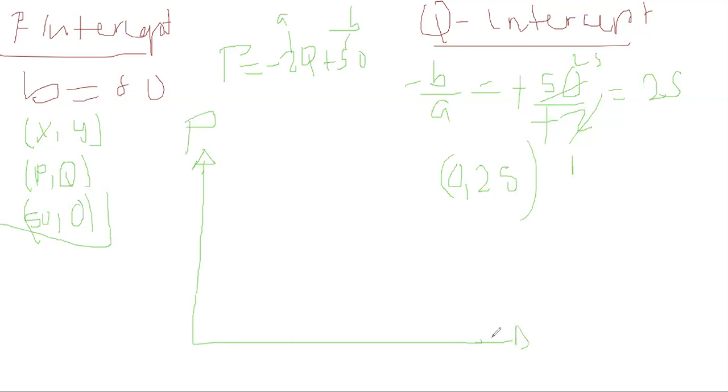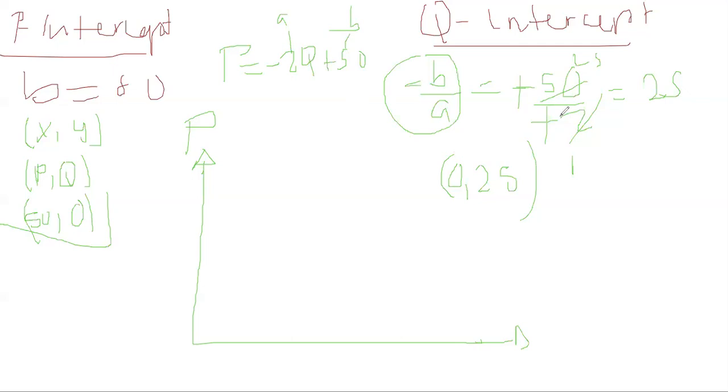Could you please explain the minus b over a, please? This is to find the q-intercept. This is the formula you will use. Before we just said b over a, but it should be minus b over a. And we know that b is 50. So you have minus here, then the 50 as b over a, and a is minus 2. So minus 50 over minus 2.